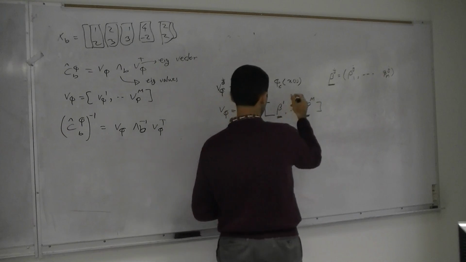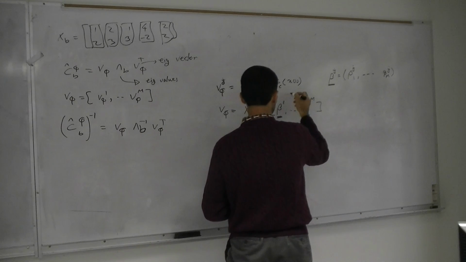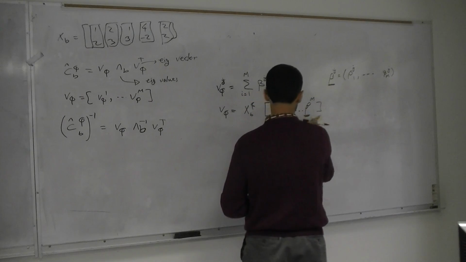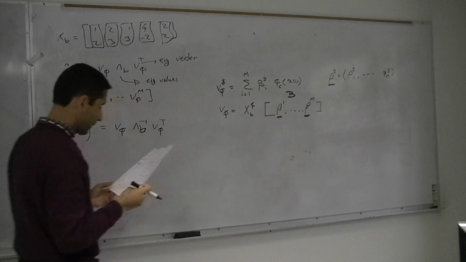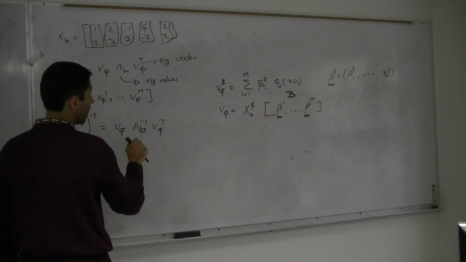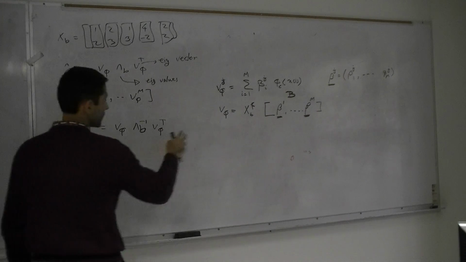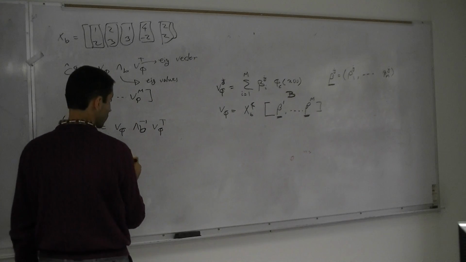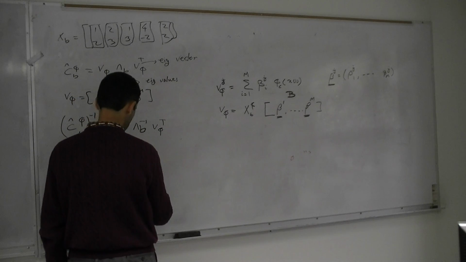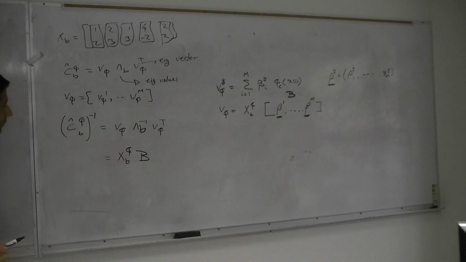Okay, and for the equation, we use this B as this matrix. And if we replace this equation into this, it's equal to, for example, X phi. What is X phi? Let me write it down.